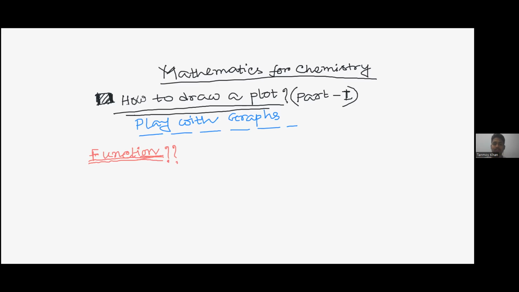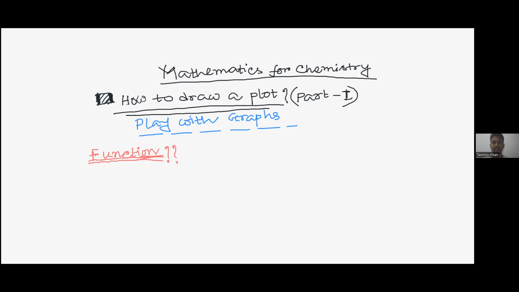What I am trying to tell today is that, as I told, mathematics is very much required for chemistry, mainly for physical chemistry. The importance of a plot is to have prior knowledge of how to draw a plot, how one function depends upon another, pictorially.